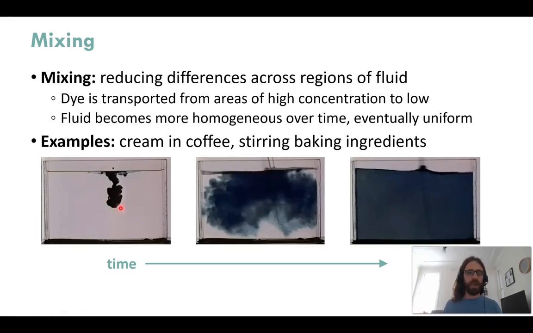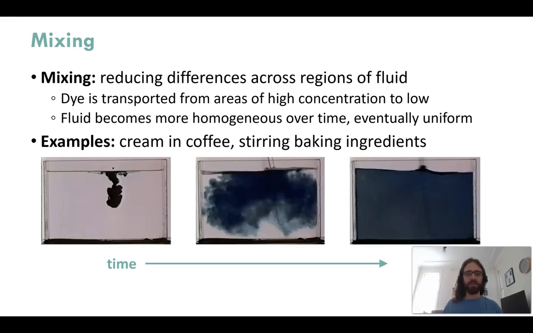Initially we have a very highly concentrated region of dye in the middle of this basin, and regions where there is almost no dye whatsoever, and eventually, by the end of this process, there are no differences in the concentrations and everything is uniformly distributed. So the fluid is becoming more homogeneous over time.